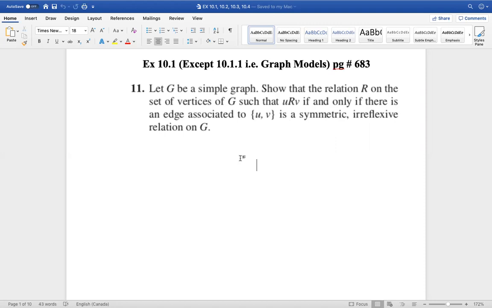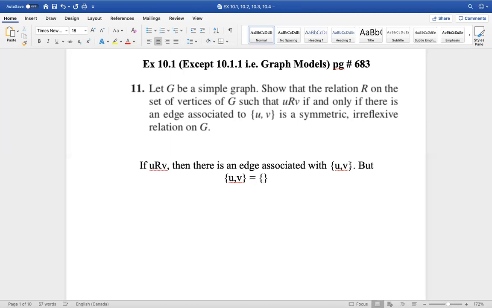So here we have, if URV, then there is an edge associated with UV. But UV equals VU, right?